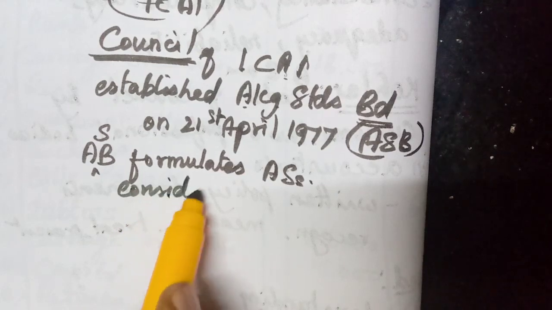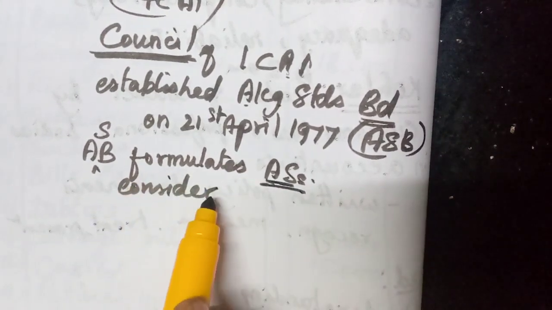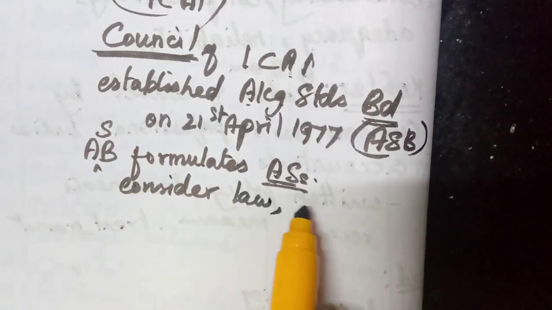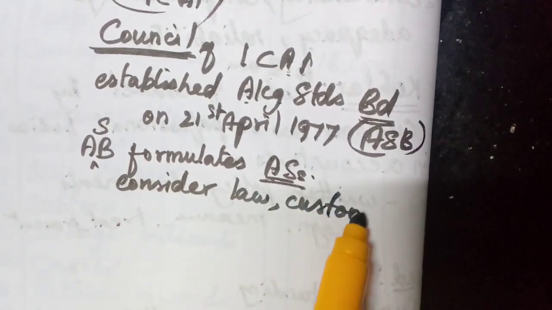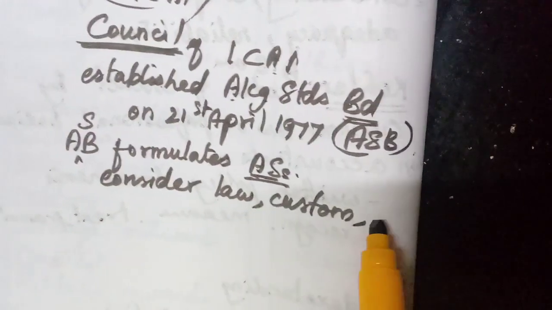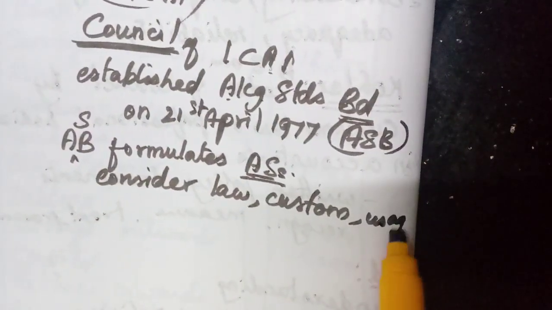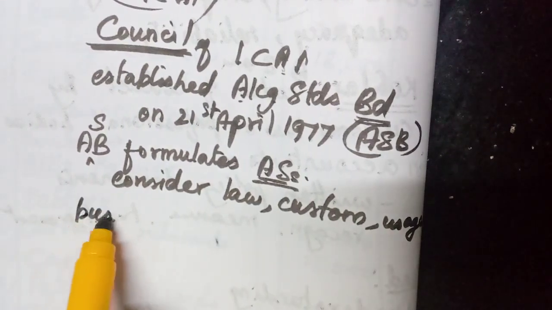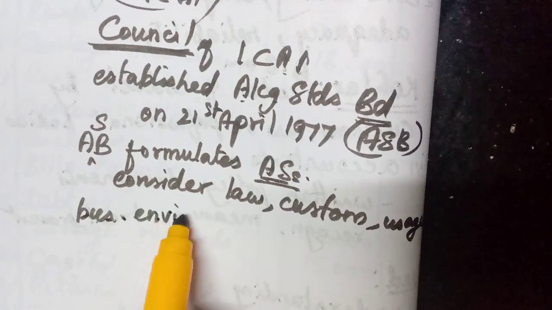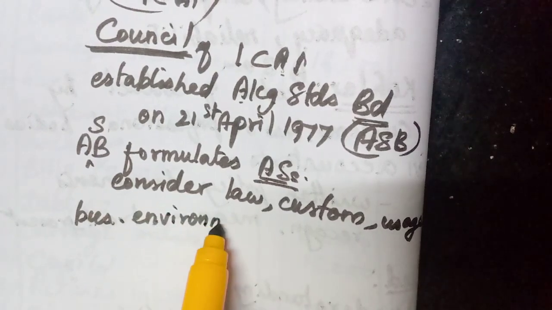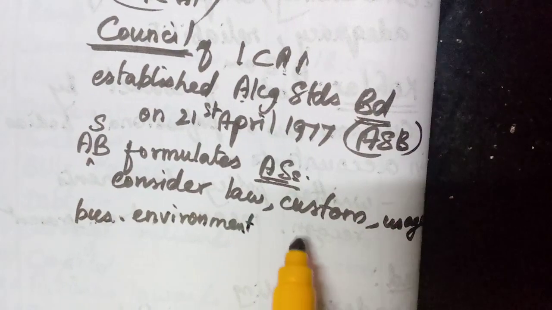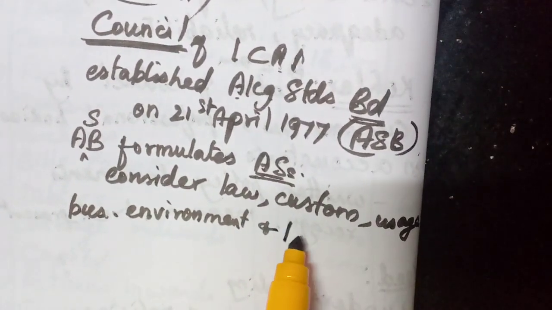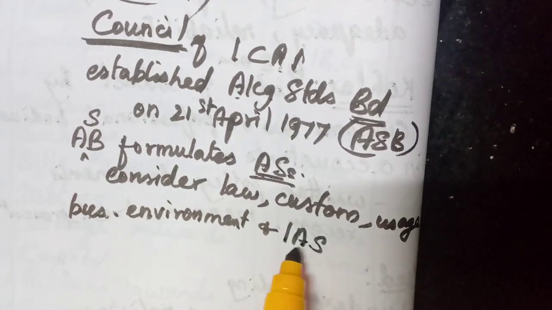When this ASB formulates the accounting standards, they will consider the law of our country, our custom, then usage, some of the rules we have used from the beginning, then our business environment. Our environment is different from the foreign environment, isn't it? And finally, they will consider the international accounting standards.